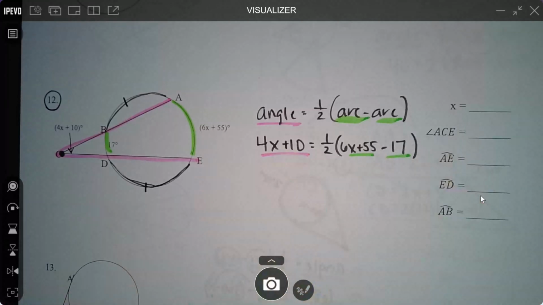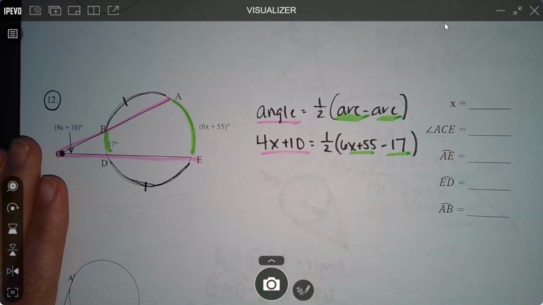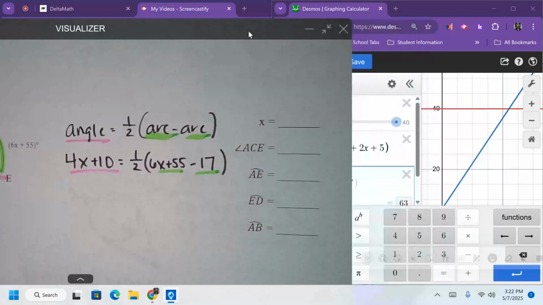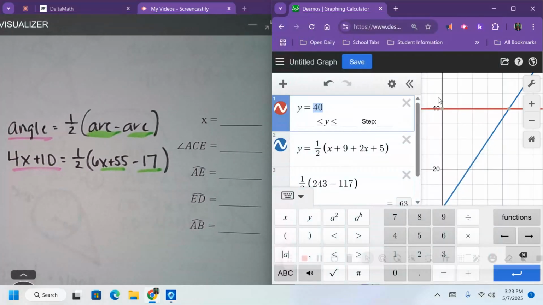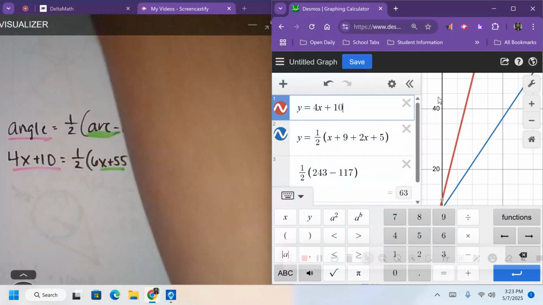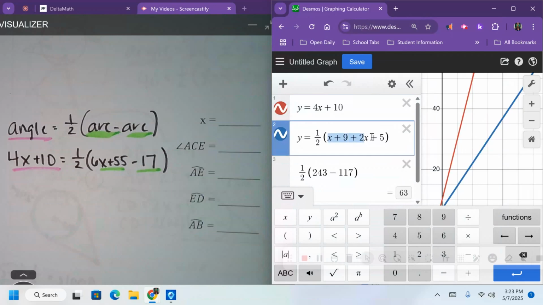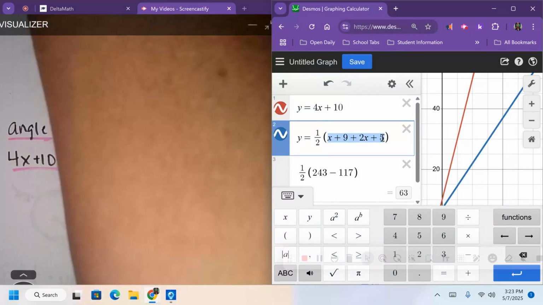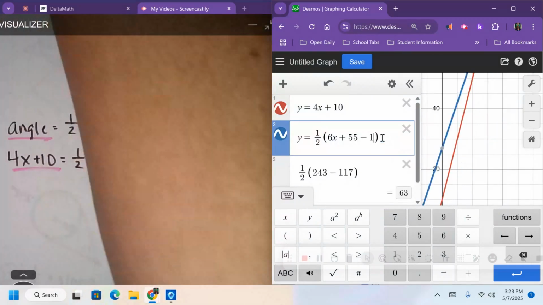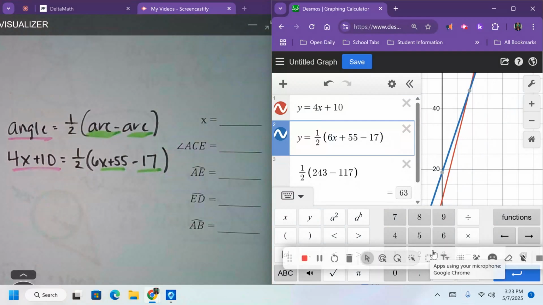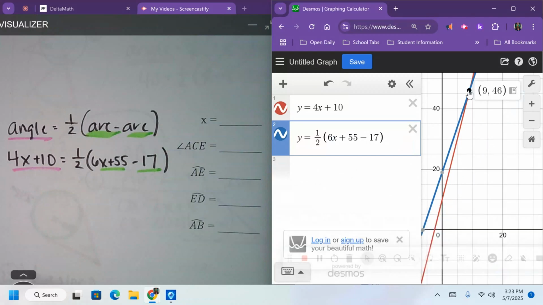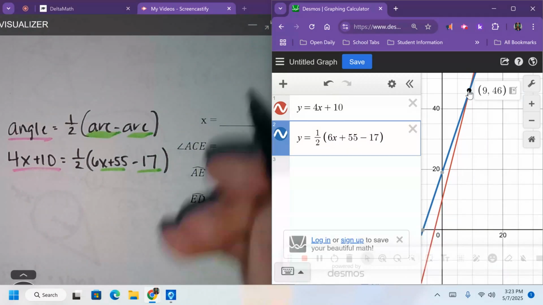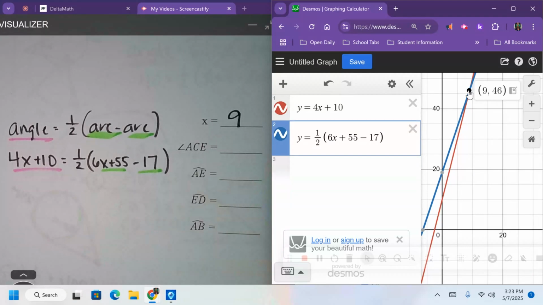That order matters. When you're subtracting, you have to have the large one minus the small one. Since we did algebra on that last one, I'm going to use Desmos. 4x plus 10 was my left side, and then 6x plus 55 minus 17. Look right there, my answer is 9. X equals 9.